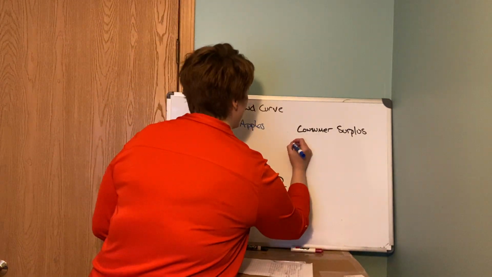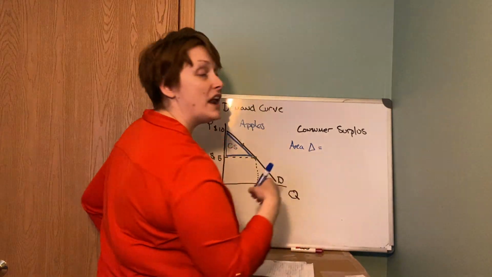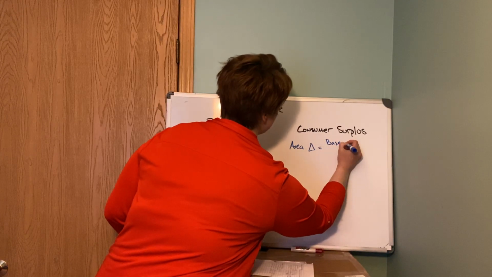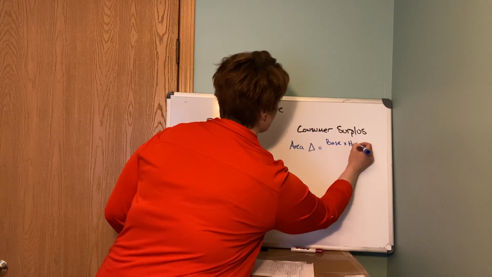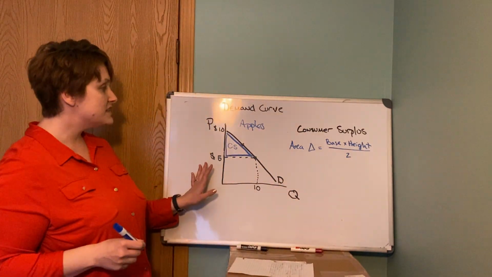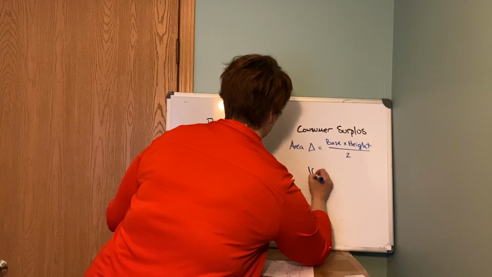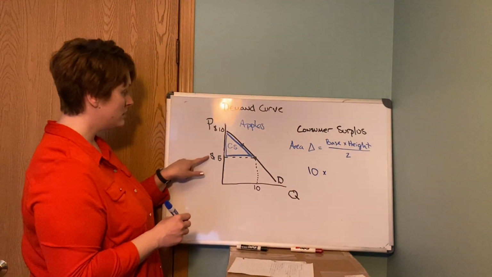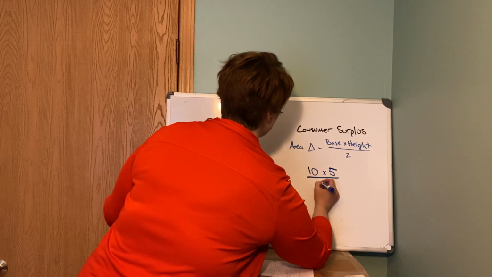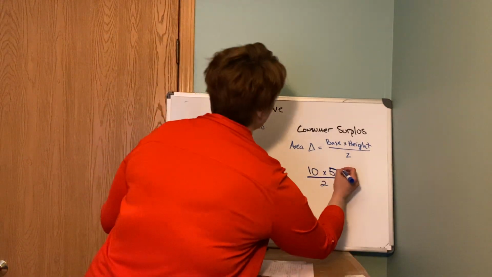So the area of a triangle is equal to 1/2 base times height. So base times height divided by 2. In this situation, our base is 10 times our height of 5, divided by 2. 10 times 5 is 50. 50 divided by 2 is 25.